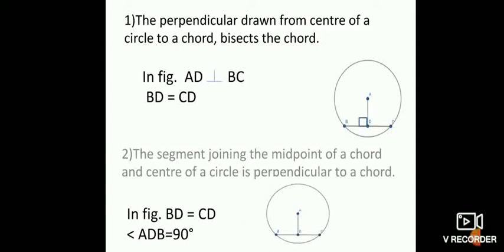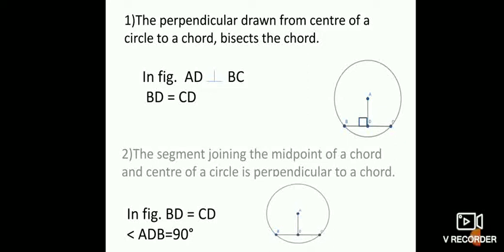Its converse: the segment joining the midpoint of a chord and the center of a circle is perpendicular to the chord. In the figure, BD is equal to CD, which means D is the midpoint of segment BC.